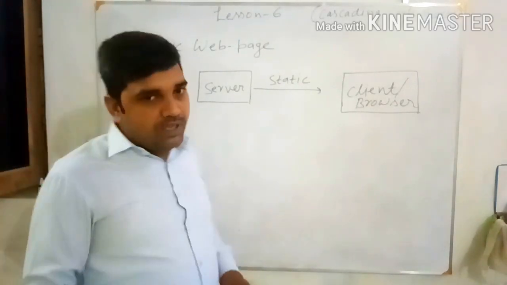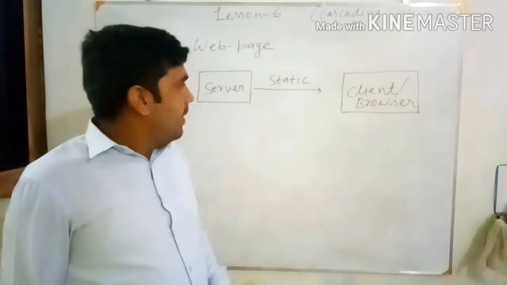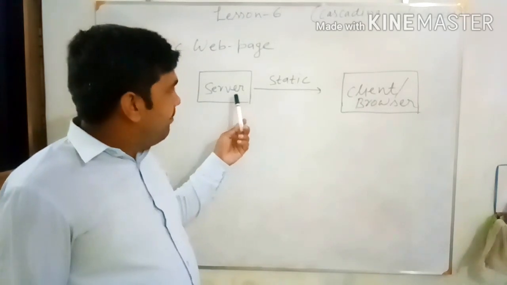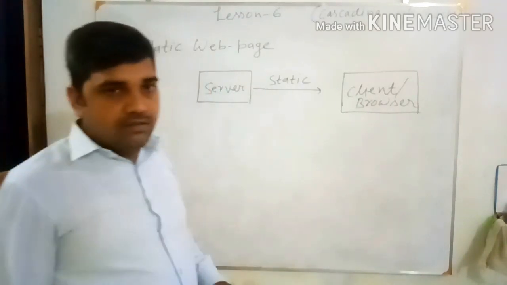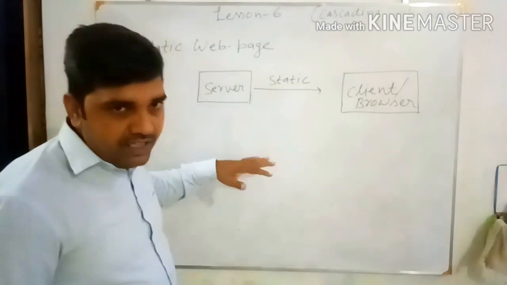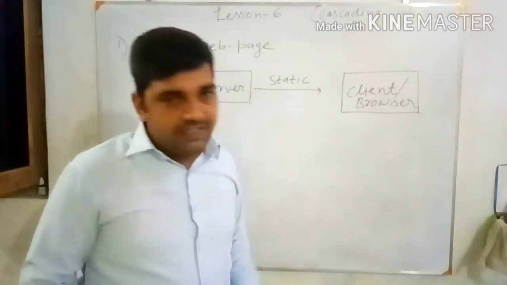Suppose you have sent the request for the home page of Facebook, so that request goes to the server, and the server will give the reply by sending the static web page. So whatever web page is in the server, as it is, there will be no changes. It will be sent to the client, that is the browser.